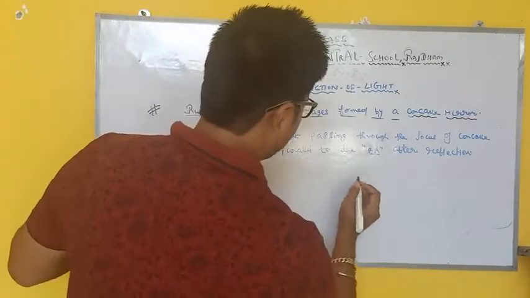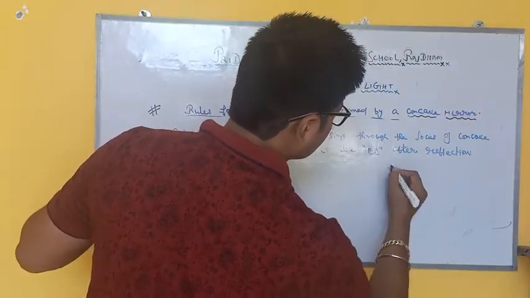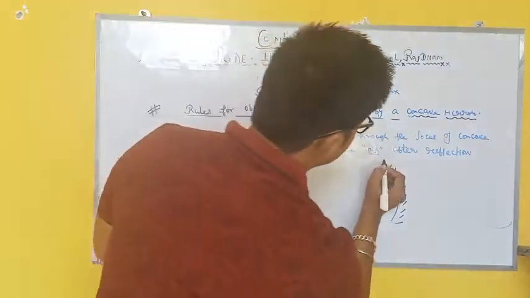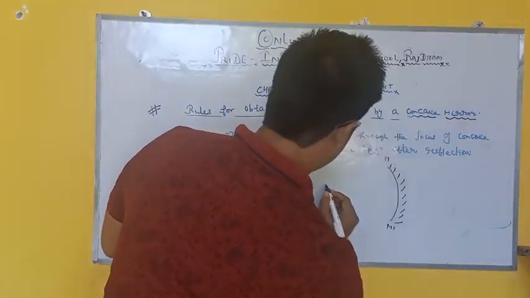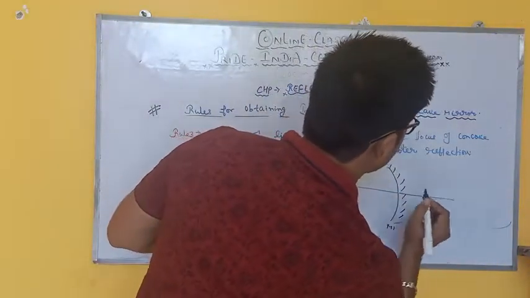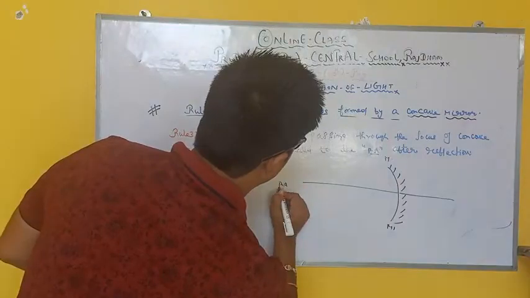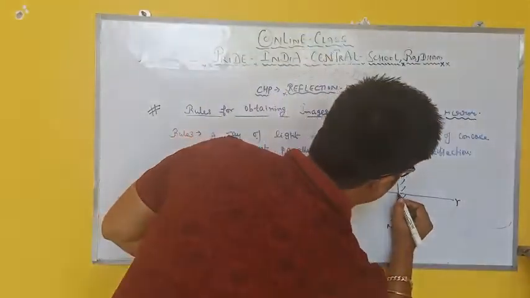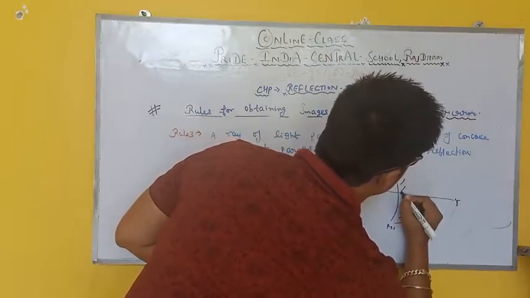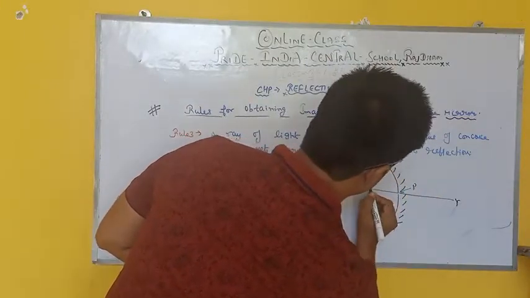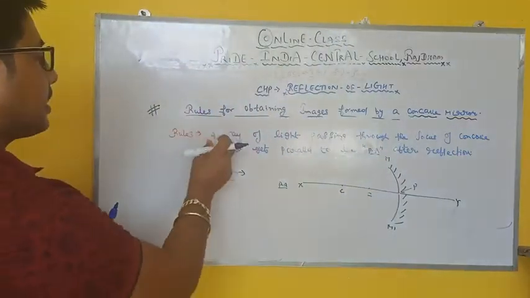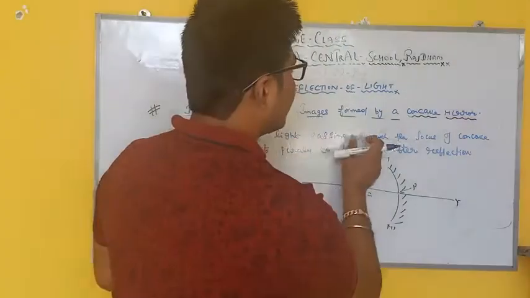See the diagram. This is the mirror, M dash. This is the principal axis, X, Y. This is the pole, focus, and center of curvature. So what is it saying? A ray of light passing through the focus.